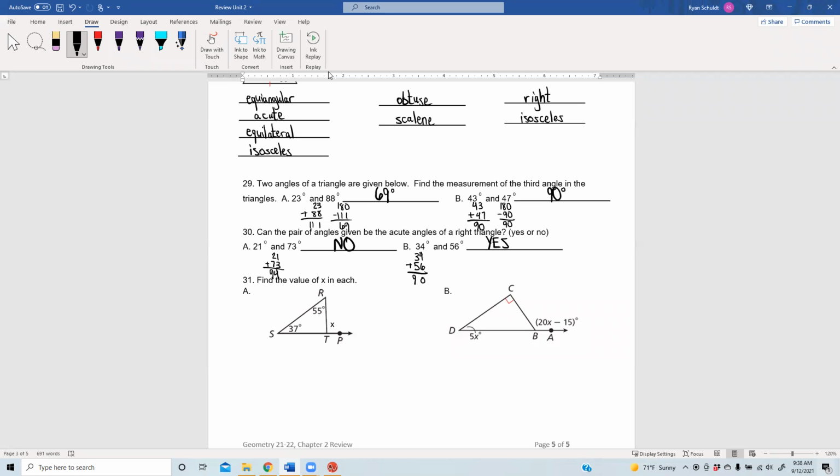Okay, last one. We have to deal with exterior angles and the remote interior angles. I know it's been a hot minute since we've talked about those. So remember, the one outside is your exterior. The inside two are going to be remote interior.